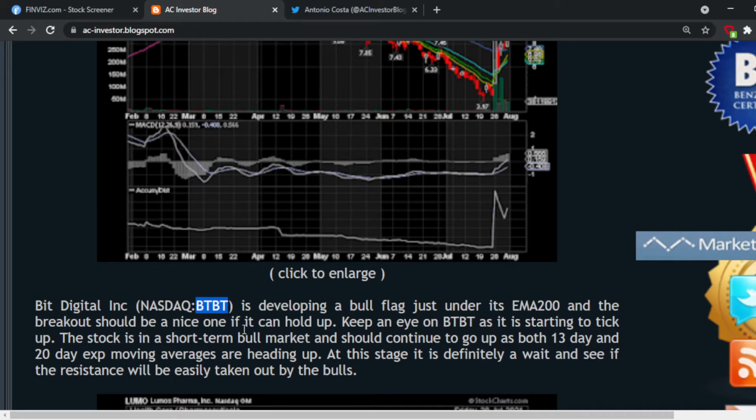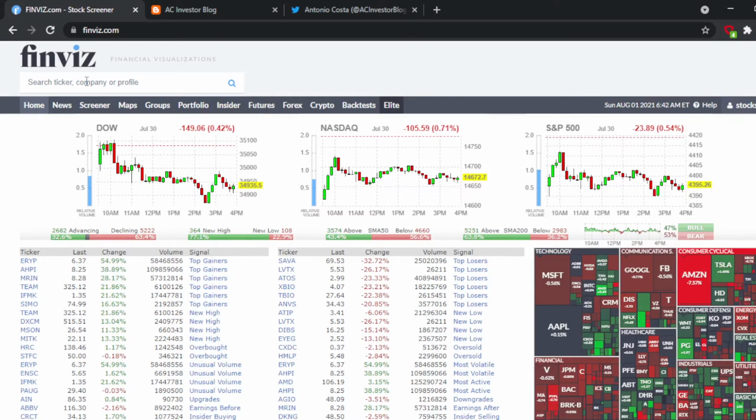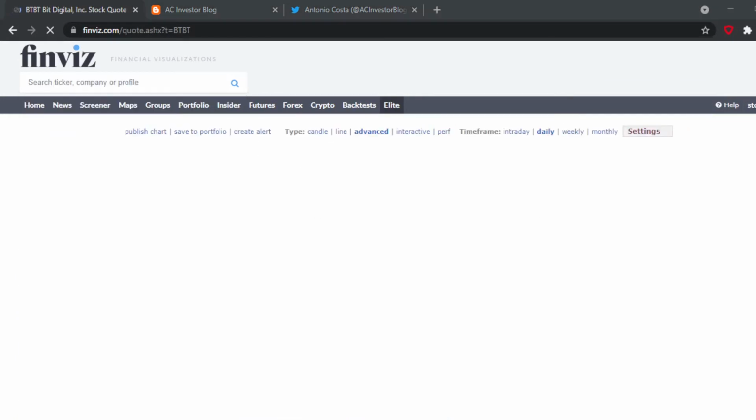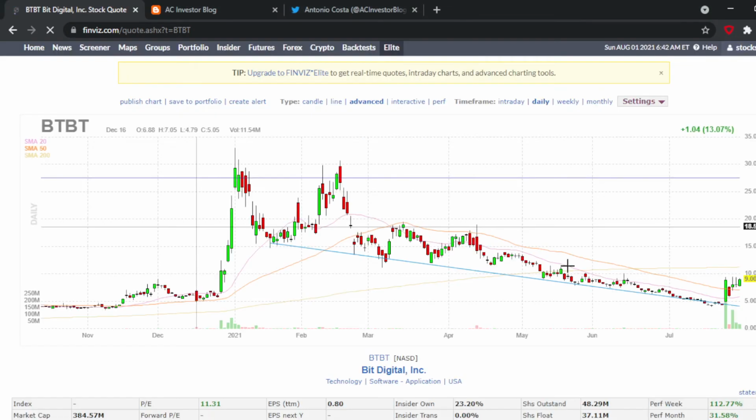So typically what I do if I were interested in that is I would copy the symbol from here, jump over to Finviz to get more detailed information, and paste the symbol into the search bar in Finviz. And then we can get more detailed information about Bit Digital. We can look at their chart, how does that look?